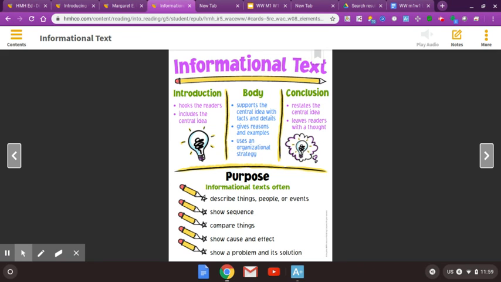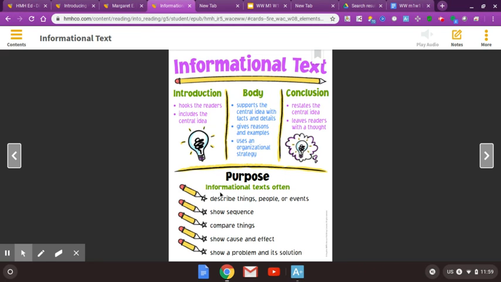For example, we might decide to work in chronological order, or we might add information details that support our main idea. The conclusion is at the end. Conclusion is a fancy name for the end of our writing, and it restates our central idea, and it also leaves our reader with a thought. Informational texts always have a purpose.